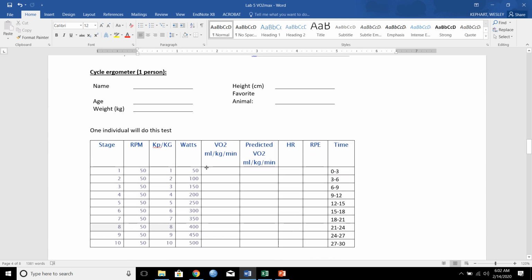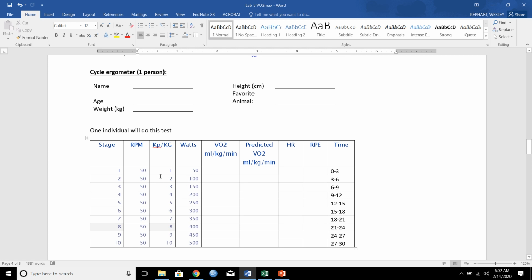Next thing, cycle ergometer. This one you're going to have to be cycling like on a metronome, so 50 revolutions per minute. And if you have difficulty with that, I will help you do that. Effectively, here is the stages for it. So 1 kilogram, 50 watts, 2, so on and so forth.